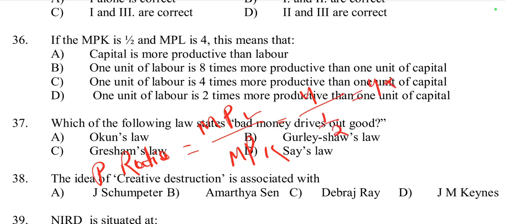So 4 into 2 by 1, or 4 into 2 is equal to 8. So here 8 means what? Means 1 unit of labor is 8 times more productive than 1 unit of capital. So option B is right here.